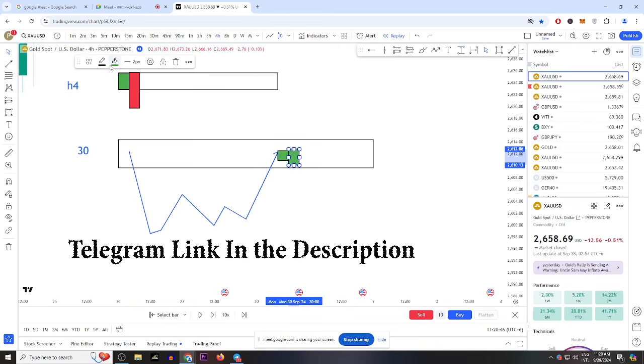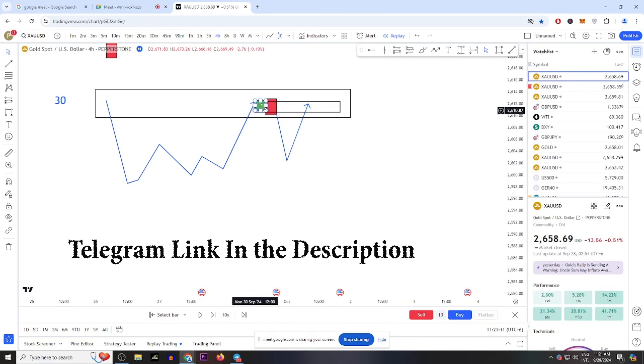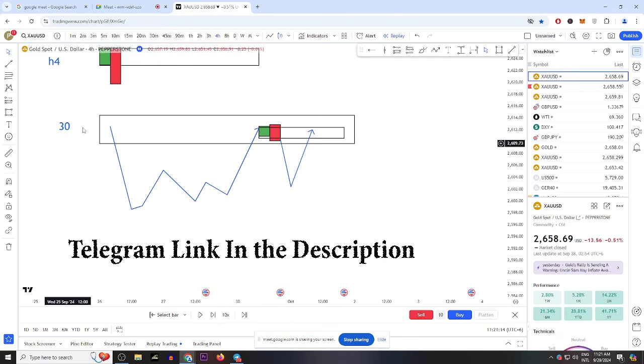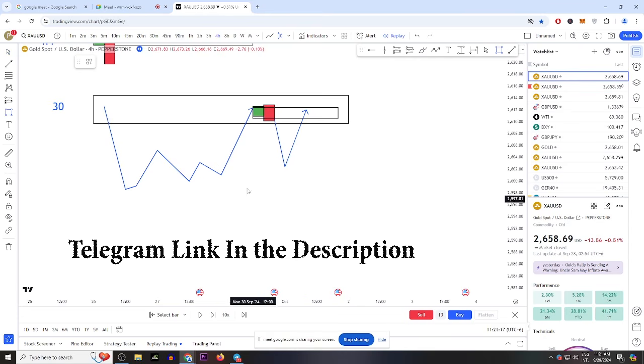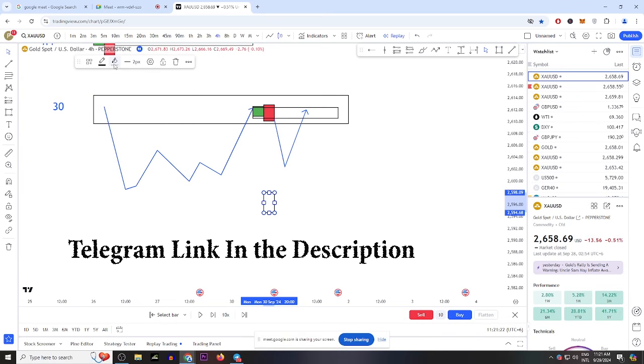So there will be an engulfing in the H4 box. After the 30 minute, the market goes back to the H4 area, and you will see the market come down again. Once it goes back there, this 30 minute plays a very big role in execution. So we are in an H4, we come down to the 30 minute, then we go to either the 15 minute or the 5 minute to look for an entry.